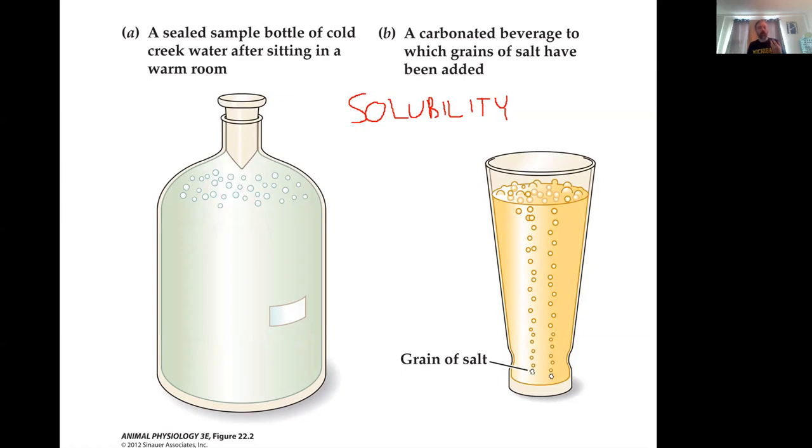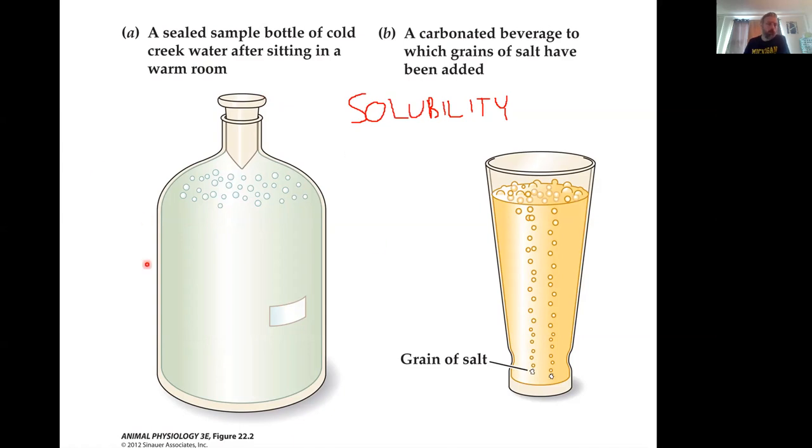Cold water will hold more gas than warm water will. So cold water, for example, has a lot of dissolved oxygen in it. When we warm that same water sample up, that oxygen is going to come out of solution. So for example, here on our left, we've got a sealed bottle of cold water.